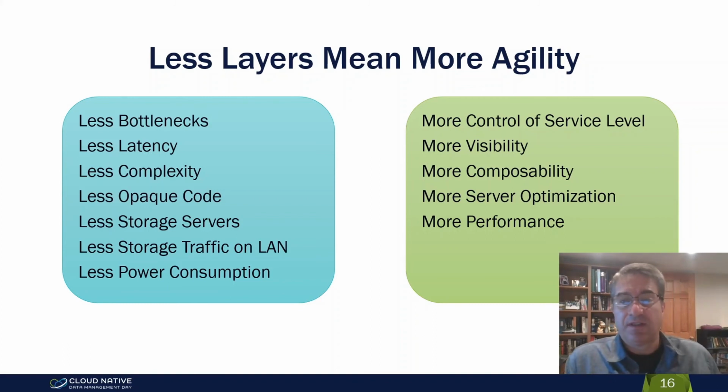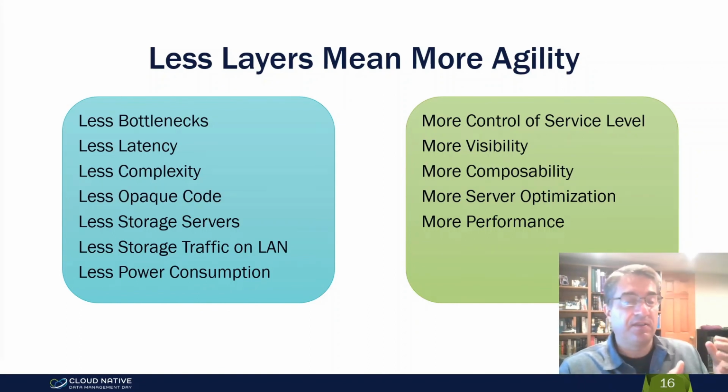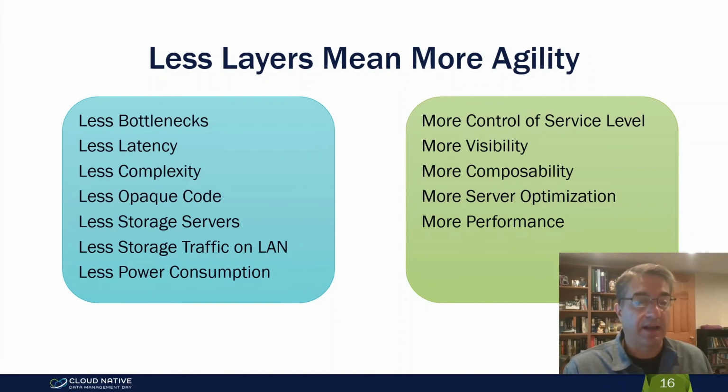I'm going to go back to our first slide now, and as you can see, using LVM2 and its external locking mechanisms, we've gotten rid of bottlenecks and we've lowered latency with this direct connect. Complexity is reduced while we now have open source through the whole stack. There are no storage servers that you need to purchase to manage storage traffic, and no extra storage area network.